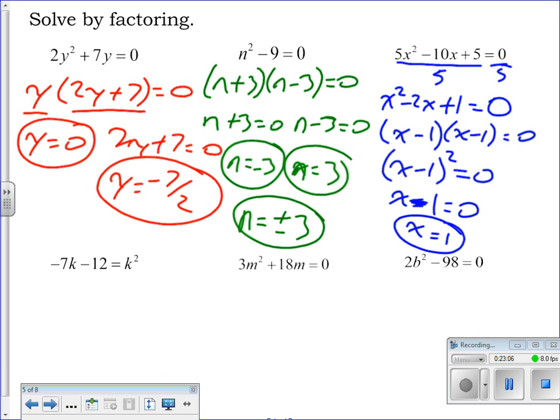You do have 2 answers. 1, twice. It's called a double root. If you have a perfect square, that's how many answers you have. It's called a double root. You've got technically 2 answers that are both 1. If you graph that, it doesn't cross the x-axis, it touches the x-axis, at x equals 1.